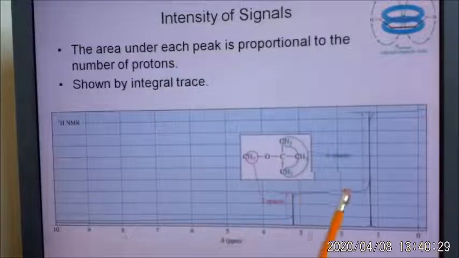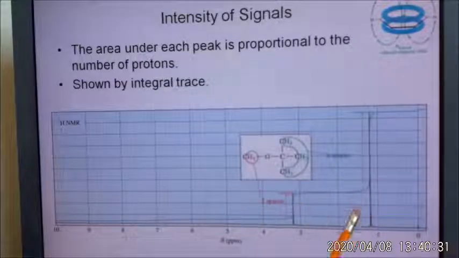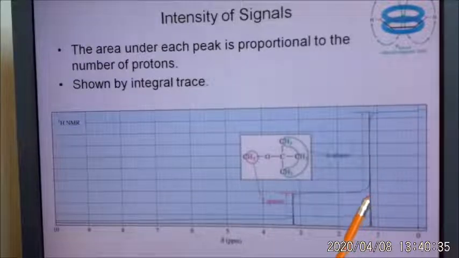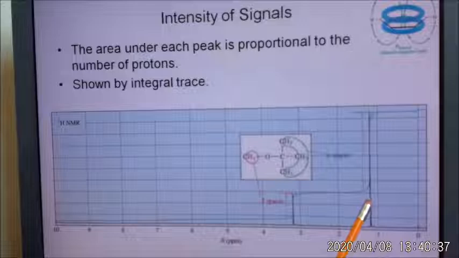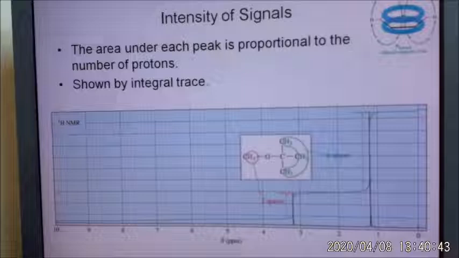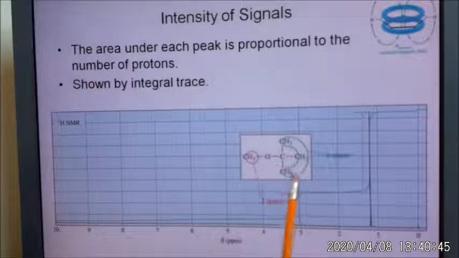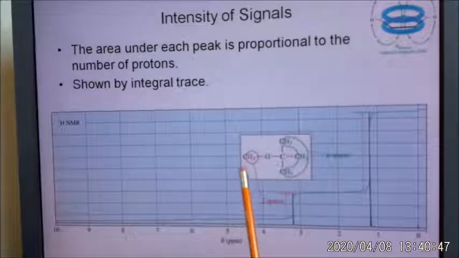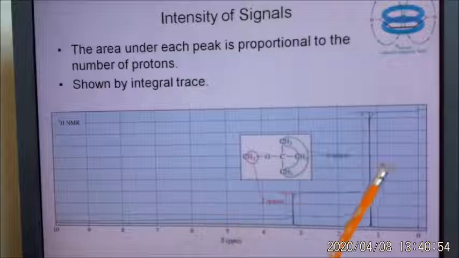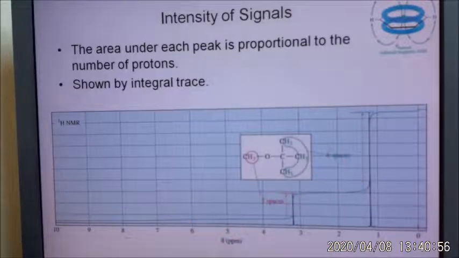Okay? So it doesn't mean I have only 3 protons and 1 proton. All it tells you is whatever number of protons are in here, I have 3 times as many of these as I do those. So that's what integration tells you. Okay? And if we're looking at MTBE, methyl tert-butyl ether, you can see I have 9 here to 3, so that's 3 to 1.